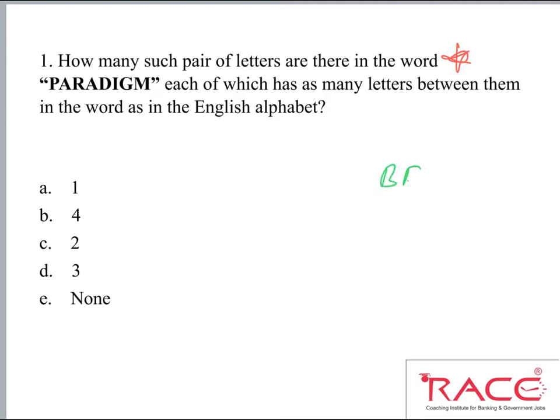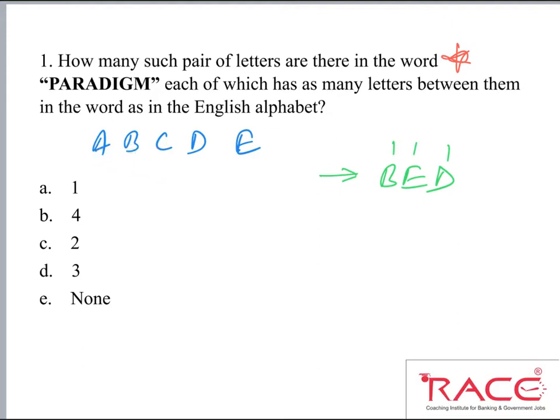Suppose the word, I have taken this example, bed. In bed we have three letters B, E and D. If I write these letters in the English alphabet, what is the sequence? A, B, C, D, E. Now you can see how many letters are between A and B? 0.